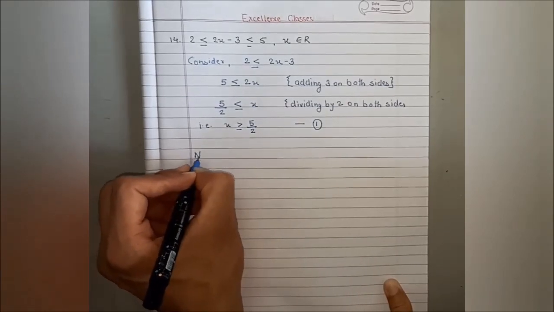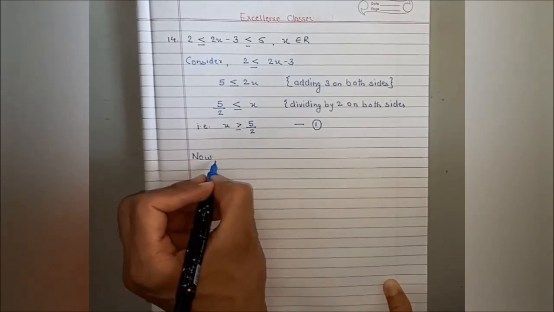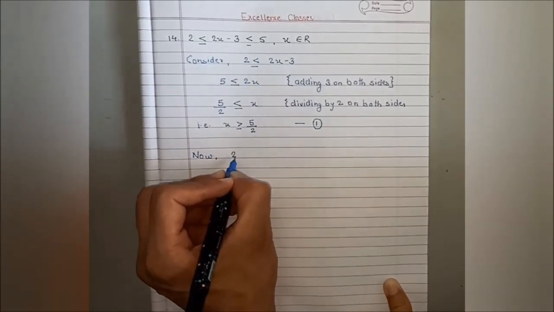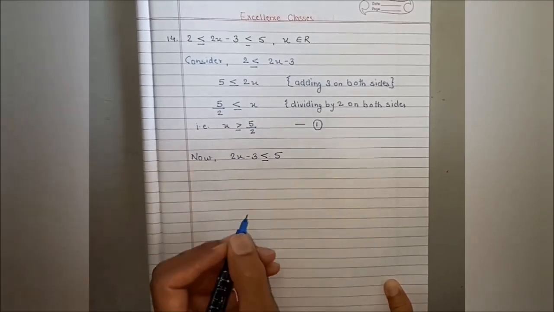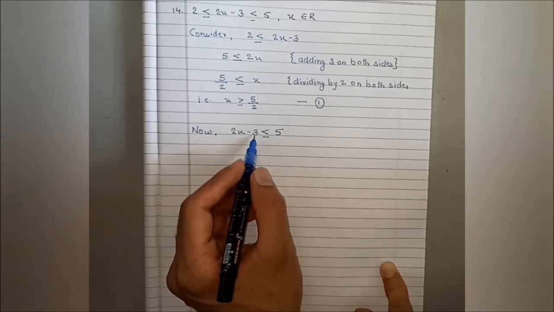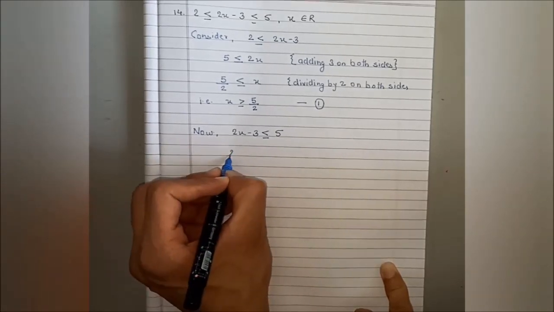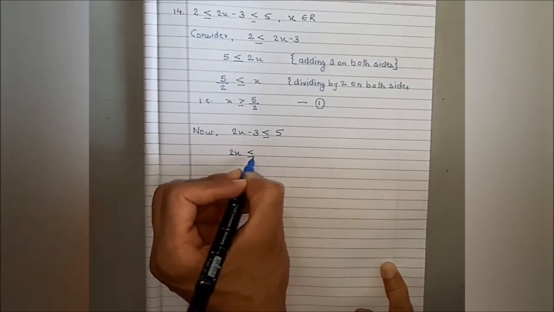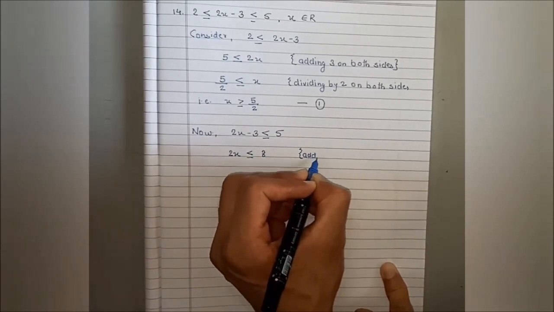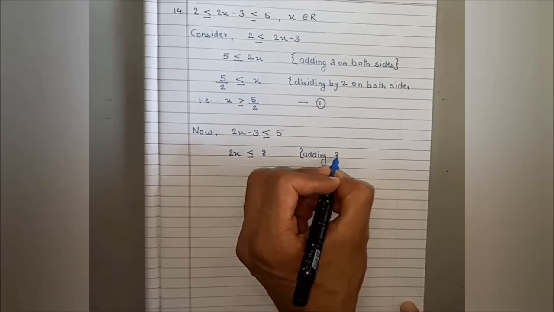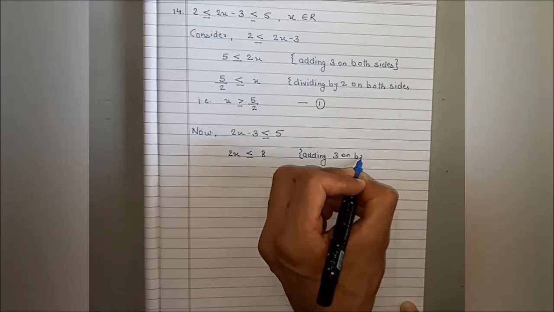Now we'll consider the second part: 2x minus 3 less than or equal to 5. To remove this 3, I'll have to add 3 on both sides. This gives me 2x less than or equal to 8.